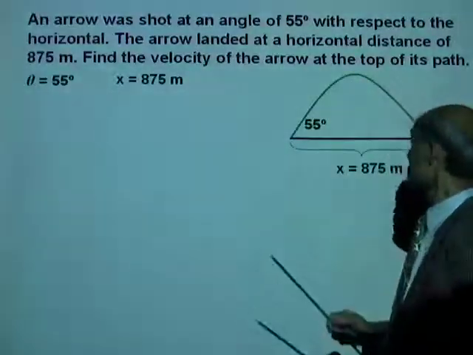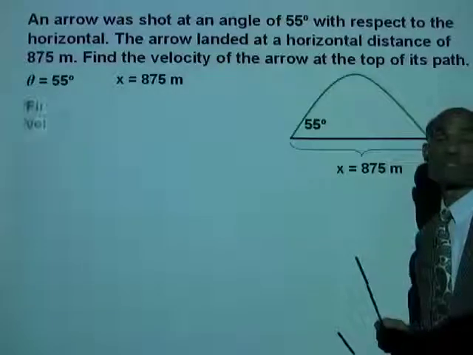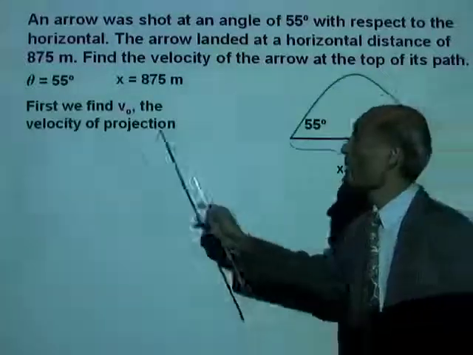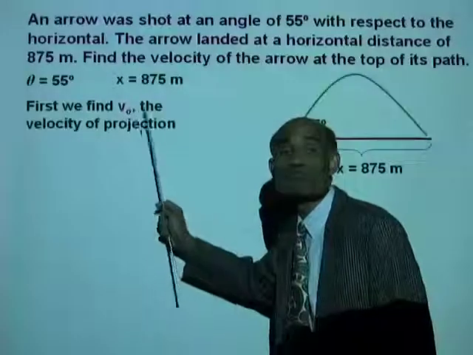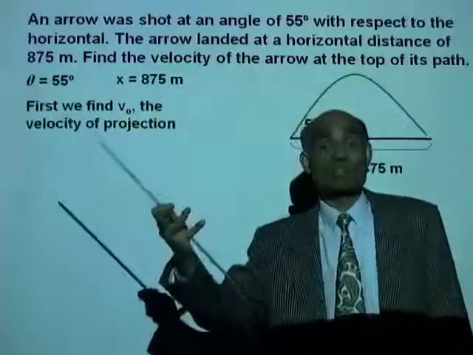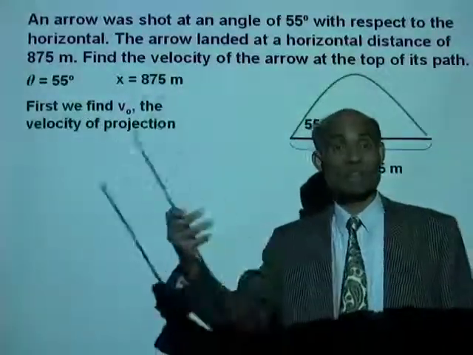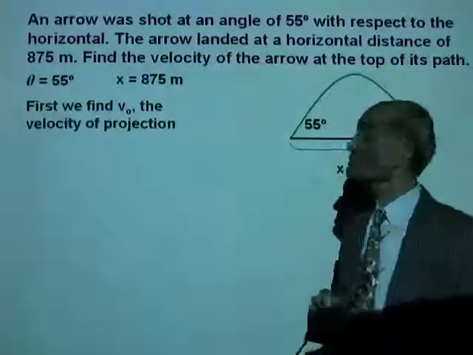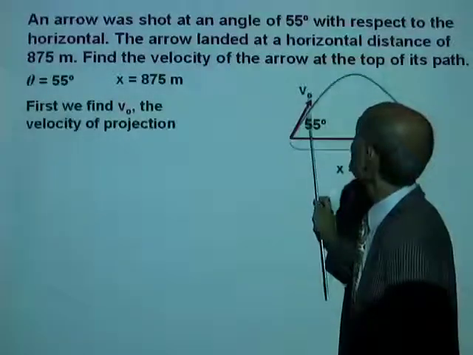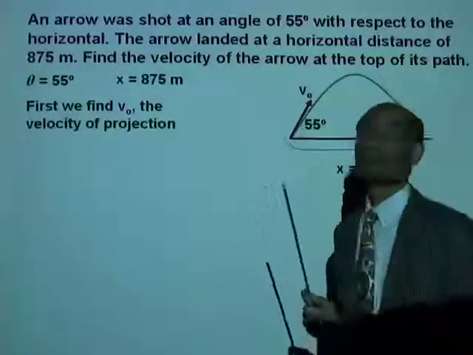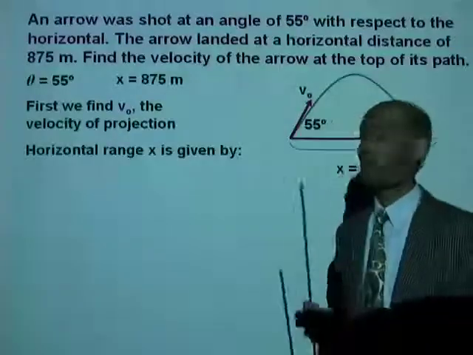So, x equal to 875 meter. First, we find V0, the velocity of projection. Without that, we cannot answer this question.